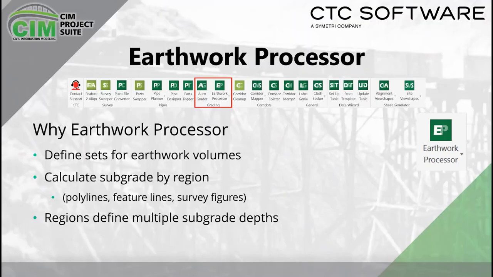So we do it by defining sets for earthwork volumes. And then we calculate the subgrade by region, and those can be polylines, feature lines, survey figures. They have to be closed, however. And then the regions will define multiple subgrade depths.